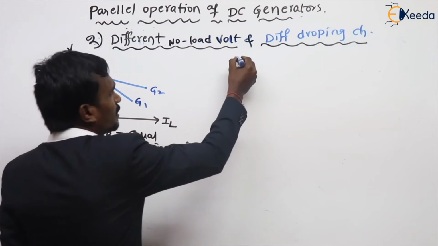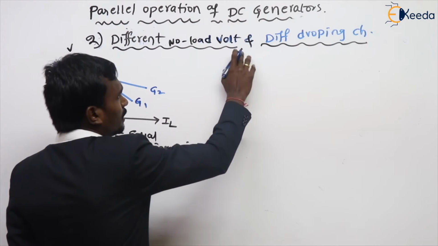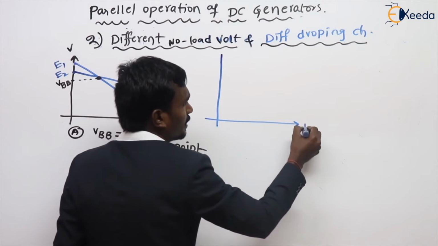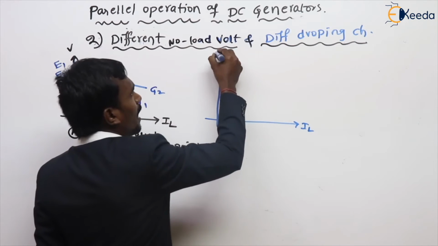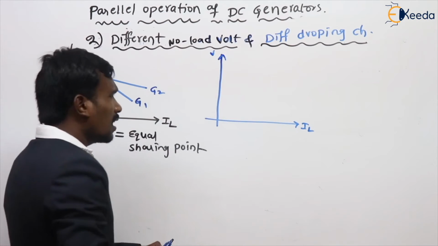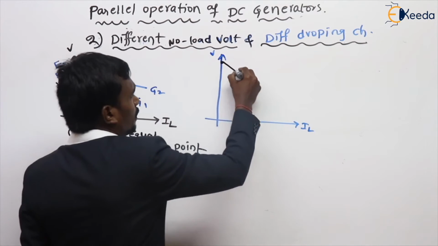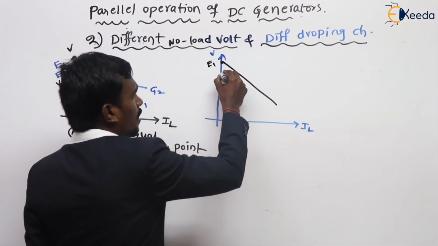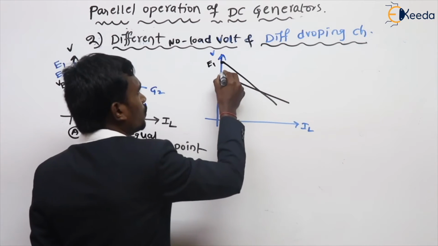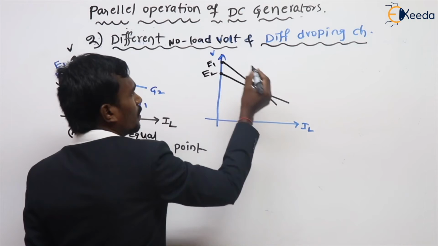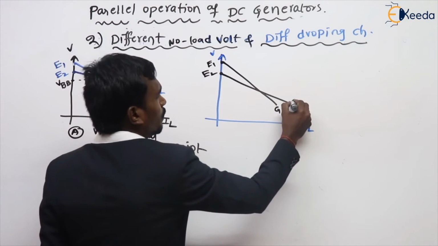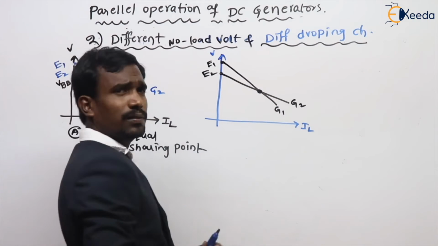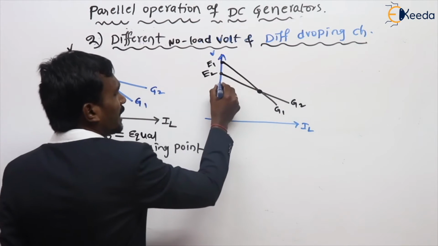And next, taking the same, listen carefully, different characteristics. This is IL and this is V. Again the same, for example, this is E1 and this is E2, where this is my generator 1, this is my generator 2, and this is the equisharing point.